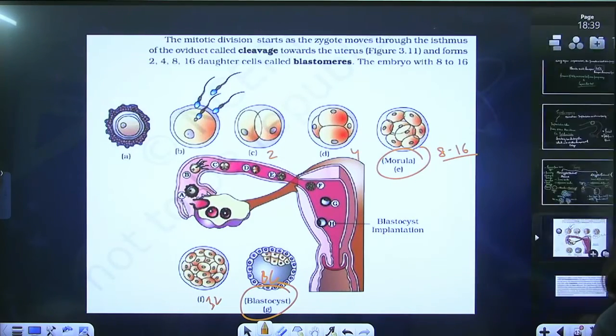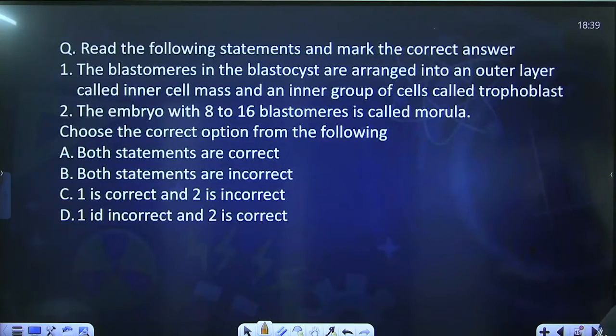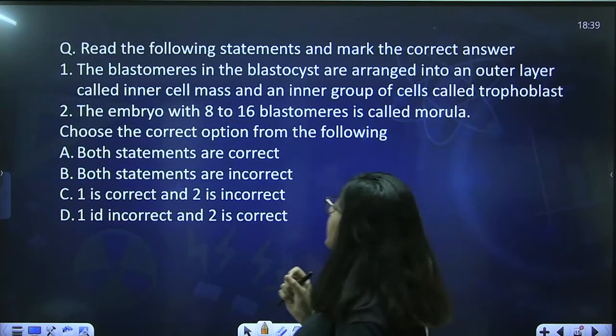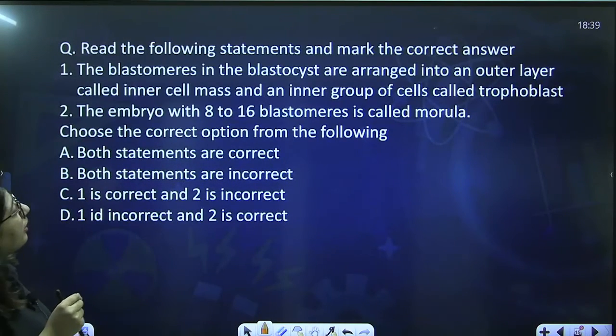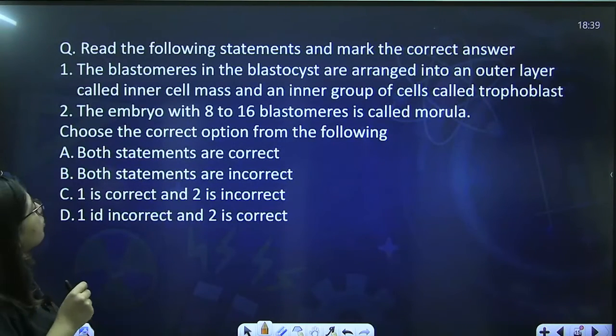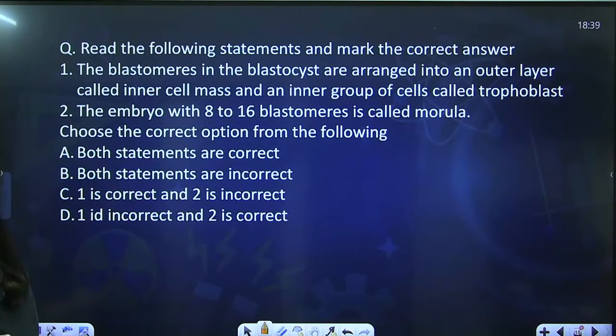Alright, let's solve some questions. Read the following statement and mark the correct answer. The blastomeres in the blastocyst are arranged into an outer layer called inner cell mass and an inner layer called trophoblast. The embryo with 8 to 16 blastomeres is called morula. Choose the correct option. The first says the outermost layer is the inner cell mass.